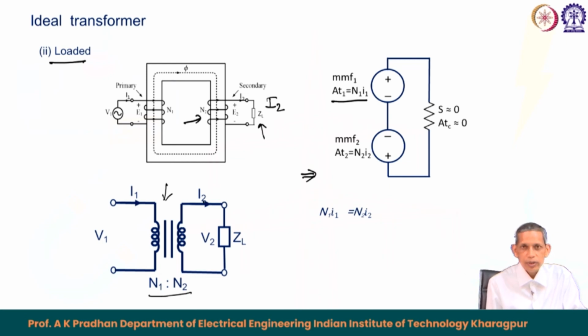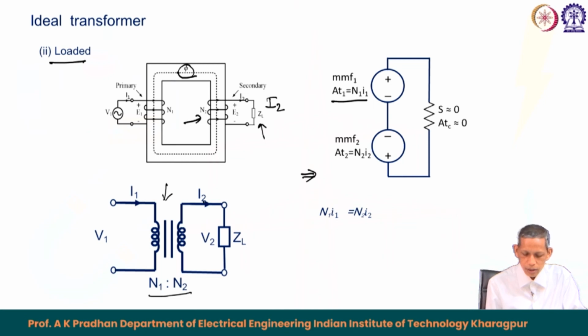But we know that the current flowing in the secondary is governed by Lenz's law, and this current should be such that it establishes flux in the core to oppose the cause. The cause is nothing but the flux provided by the primary. So, the ampere turn in the secondary coil N 2 I 2 will be in opposition to N 1 I 1.